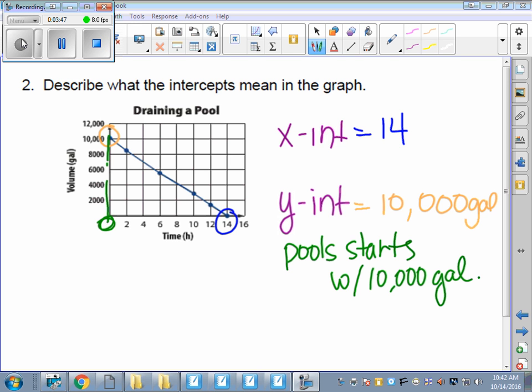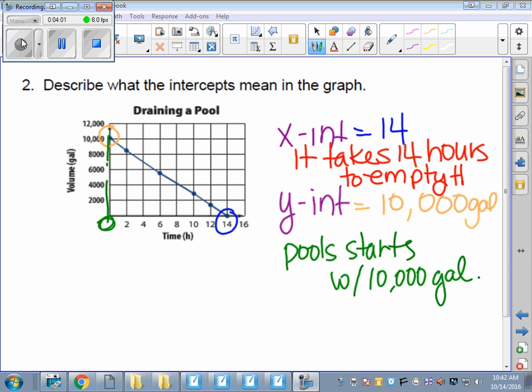How many gallons are left in that pool after 14 hours? So how would you put that in words? It takes 14 hours to empty the pool. Empty means 0, right? So not so bad.